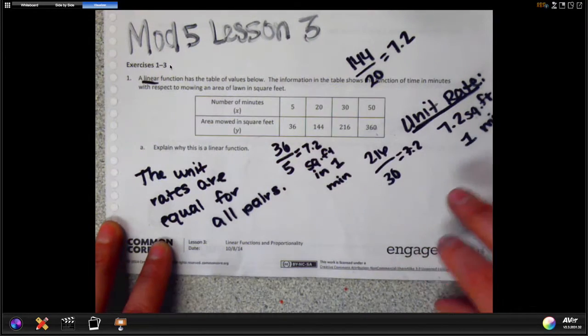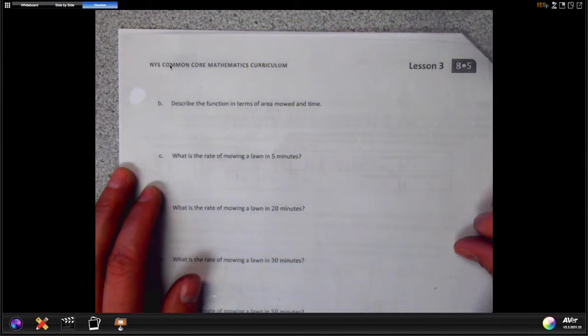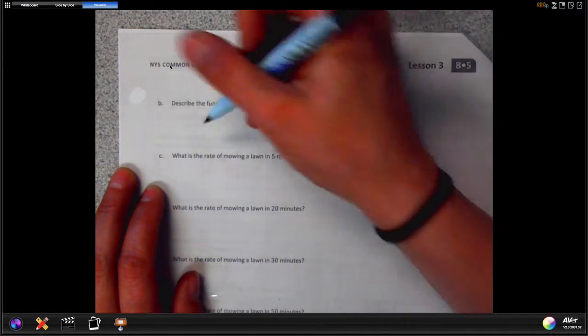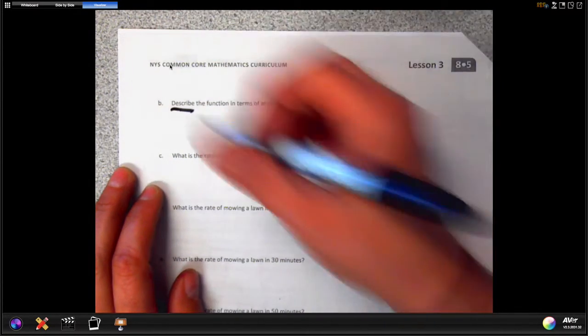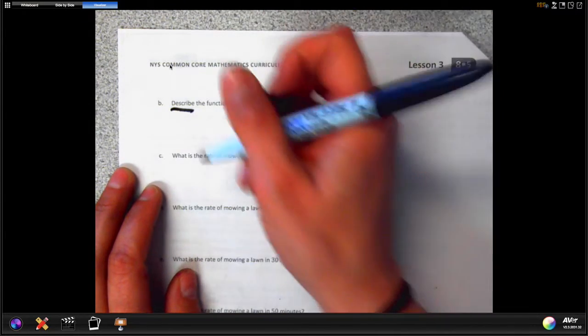We want to flip the page here, and we're actually going to need this table, so you're going to have to either flip back and forth or just trust me on the values. It says now to describe the function in terms of area mowed and time. All this means is we want to use our unit rate to describe it.